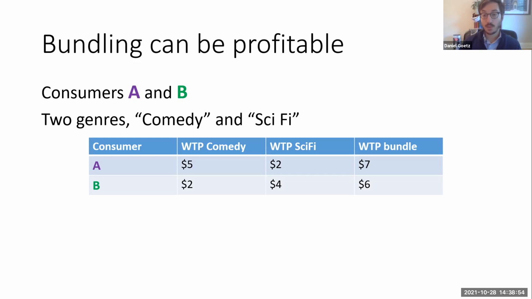If you put them together, they would be willing to pay $7 a month, 5 plus 2. Consumer B is the opposite. They don't like comedy, so they would only pay $2 a month for just a comedy channel. They would be willing to pay $4 a month for a sci-fi only channel. So together, they're willing to pay $6. Okay.